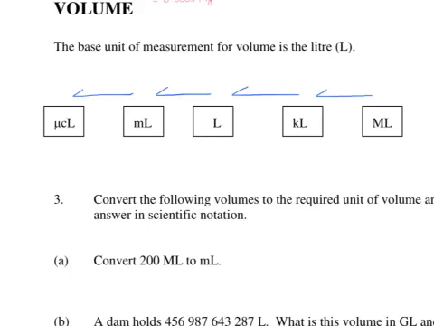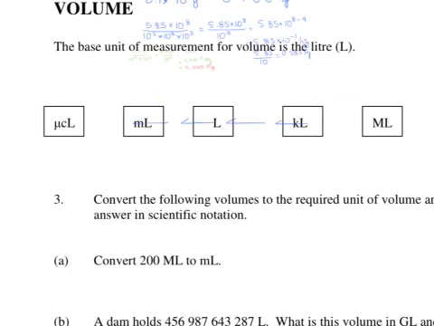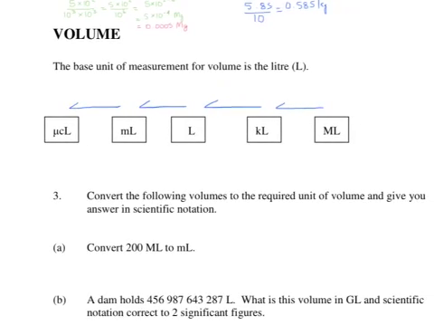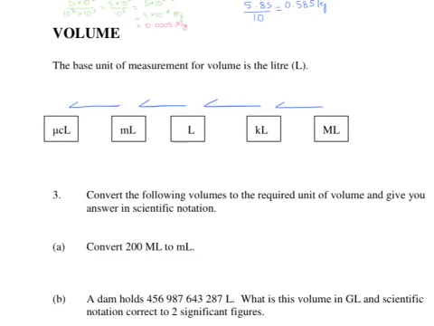I haven't left myself very much room here, so I'll just have a little play with it, see if I can. There we go. So now I should be able to put in the gigalitre, and I'll put it in here in red, because one of the questions does ask for the gigalitre, and that's just included in the same way.